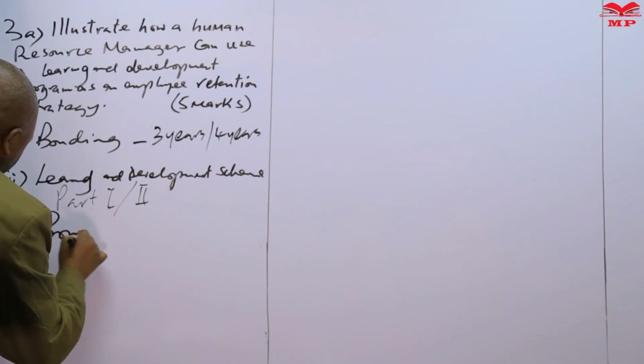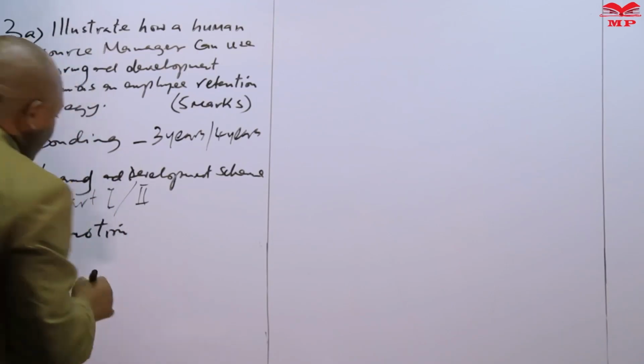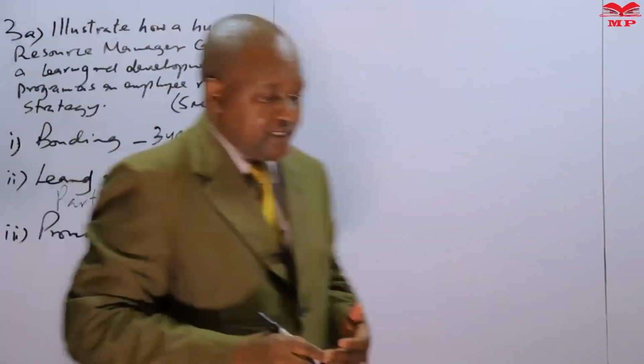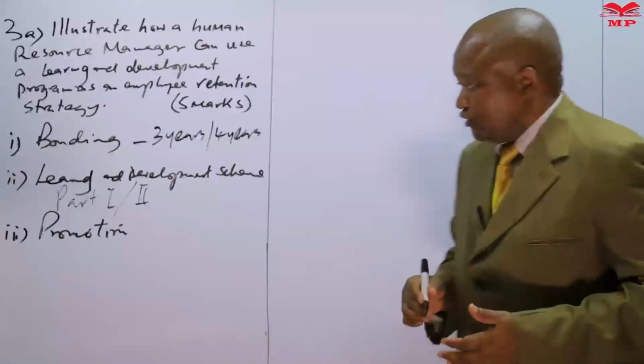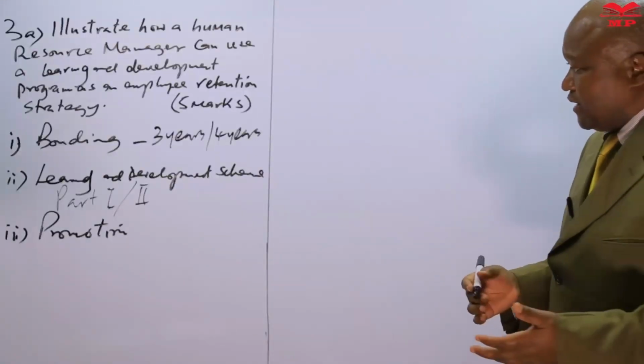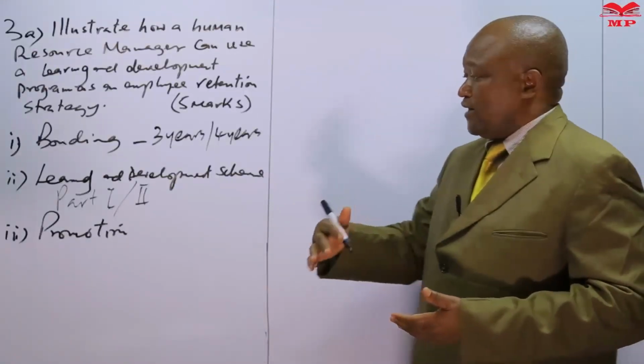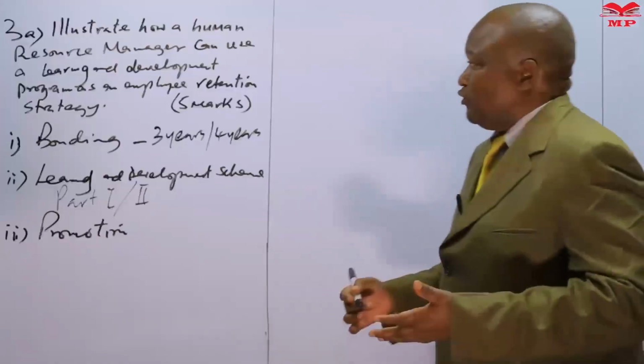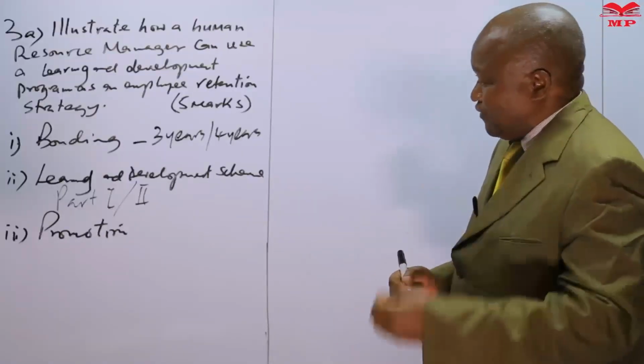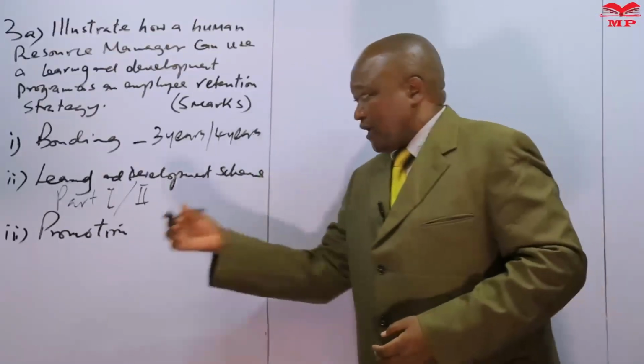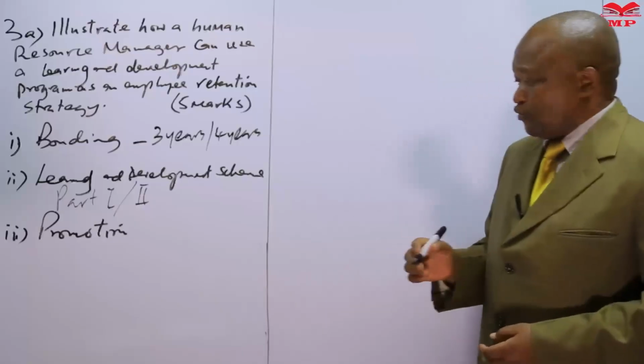promotion. An organization may have a promotion requirement that for you to be promoted to a given position, you are supposed to have gone through a learning and development program, which is a prerequisite for this particular promotion.